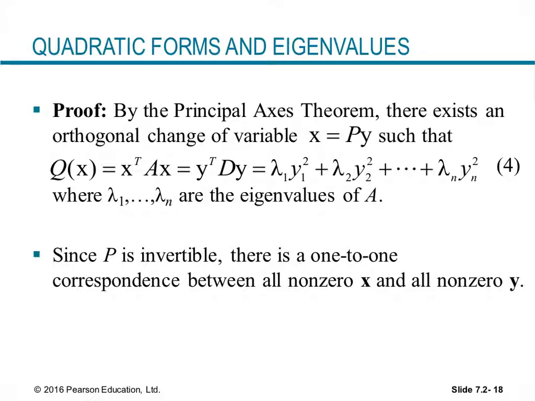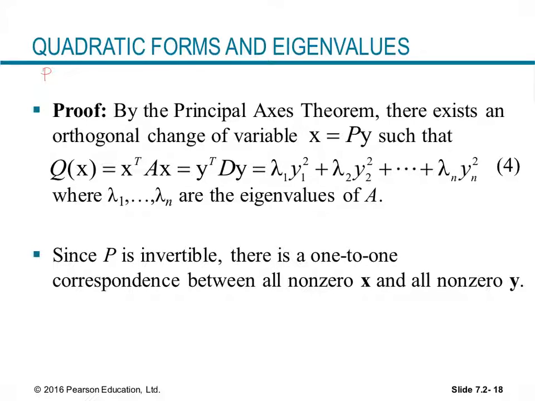Since A is an n by n real symmetric matrix, A has real eigenvalues, and we can find n orthonormal eigenvectors. With these n orthonormal eigenvectors, we can construct the matrix P. Okay?